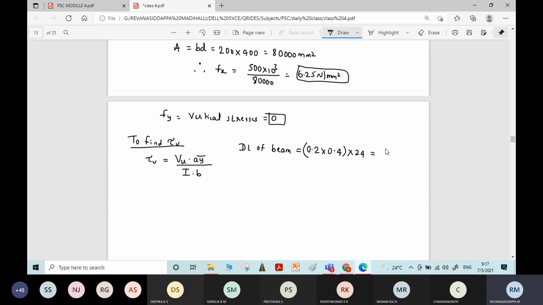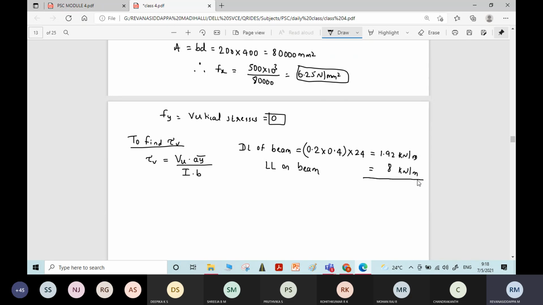So what is the dead load? 1.92 kilonewton per meter. Then live load on the beam is equal to 8 kilonewton per meter.